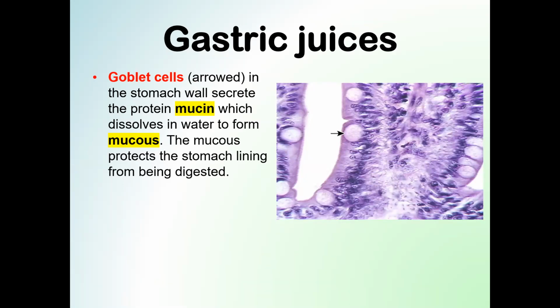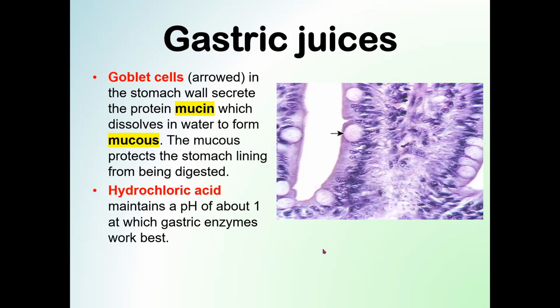It's a protein which when it's produced, and there's water in the stomach, of course, it becomes mucus. And that protects the lining of the stomach. Why? Because we produce hydrochloric acid at a pH of about 1. And if the mucus was not there, it would eat the muscle away.